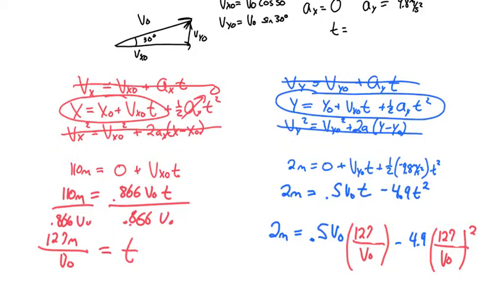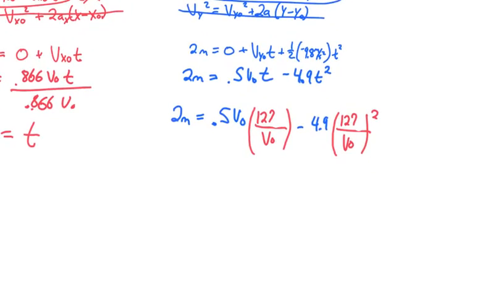So on this one, I see that I've got the v naught here and a v naught here, and those are going to cancel. And then I'm left over here with a v naught squared in the denominator. So I'm going to have to take care of that. But let's go ahead and see what we get so far. So we have 2 over here. The 0.5 times 127 is 63.5.